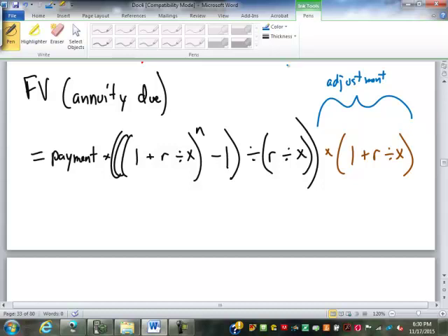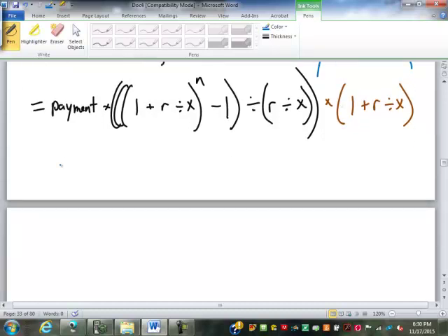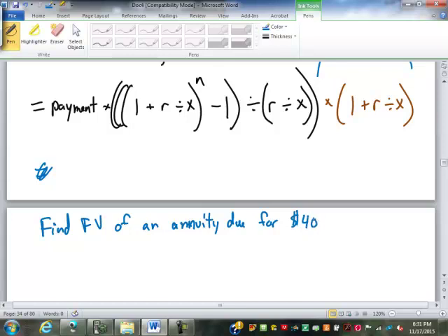So let's take a peek at this. Let's say that we are going to find the future value of an annuity due for $400 per month at 10% for 20 years.